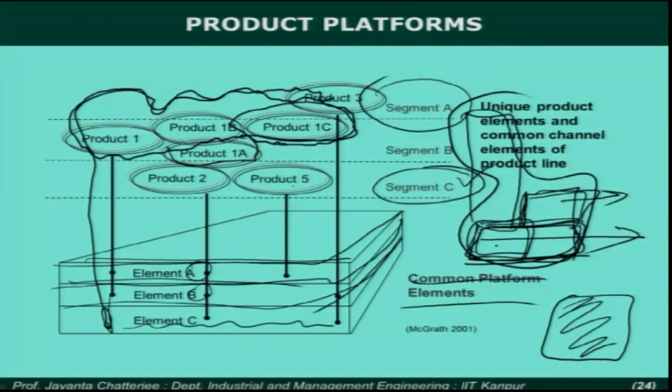You create different combinations. So they are not entirely different, certain elements will be same in all the products, and thereby you actually create different strokes for different folks. You create products which are highly appealing to different kinds of customer segments.